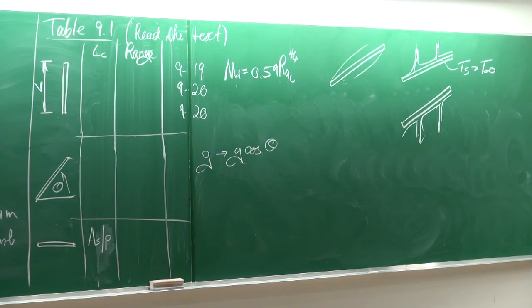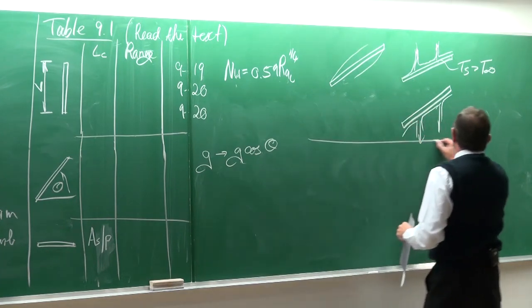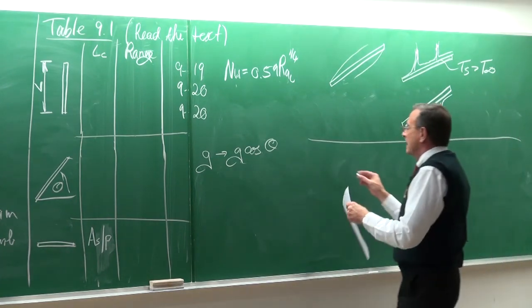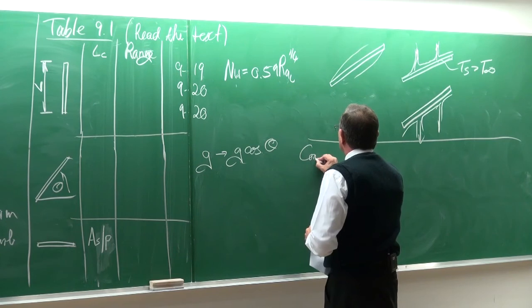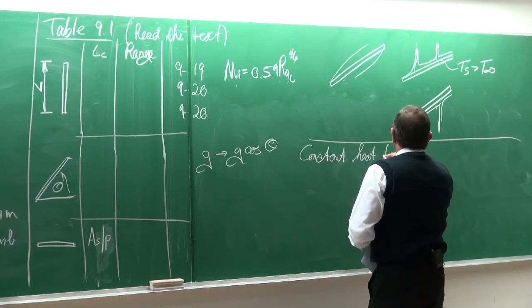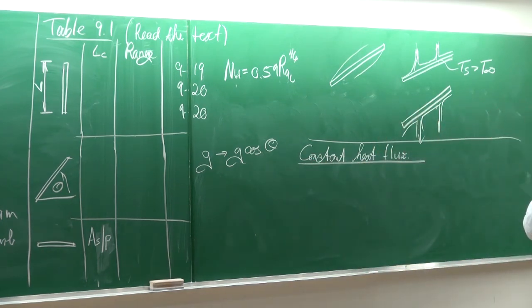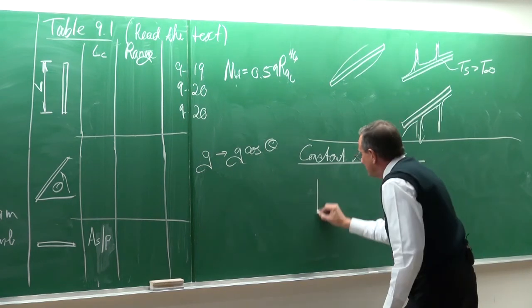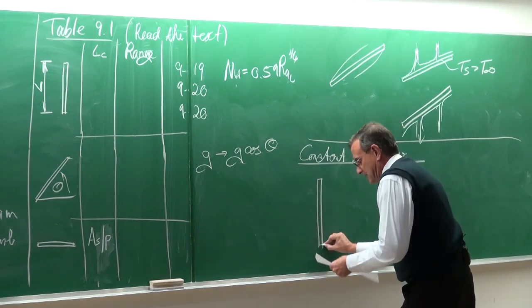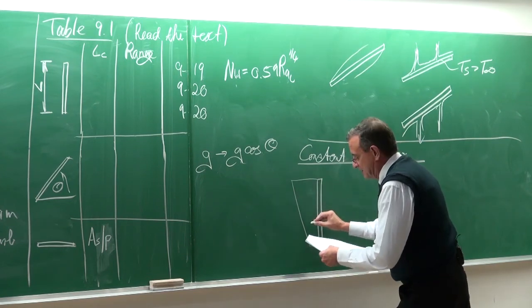The other category of problem that is difficult for students when they first experience it is the case of the constant heat flux. Now, why is this case more difficult? Because with a constant heat flux, if you've got a surface, remember then the temperature increase is going to do something like that.